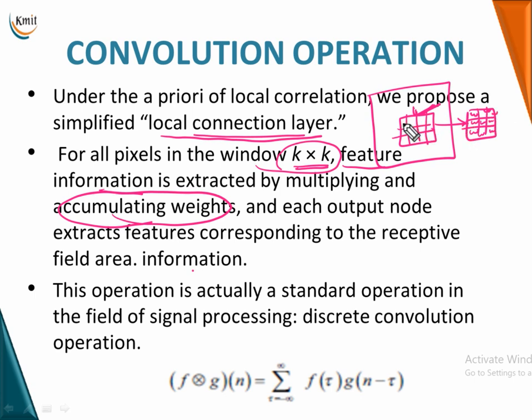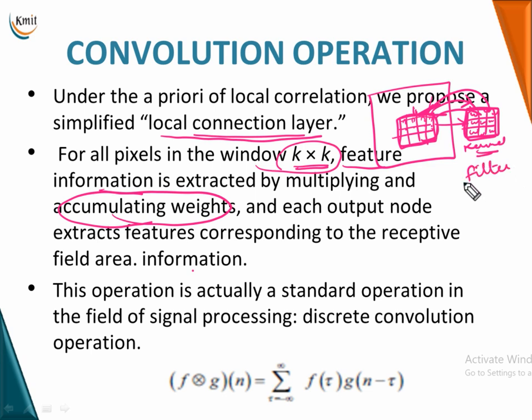The pixel values of this receptive field get multiplied and a cumulated sum is taken at the end to extract the features of this particular area of the receptive field. Now what exactly do we call these weights when they get projected onto this image? We call it a kernel. What is a kernel? We will see. Also known as a filter. You might have come across this term, filter mode.